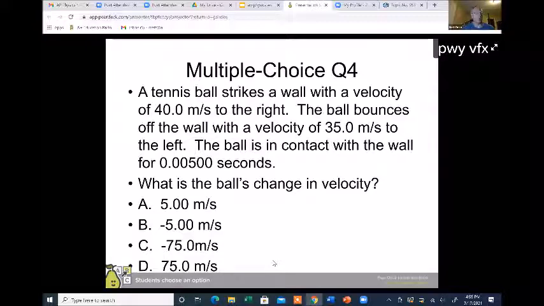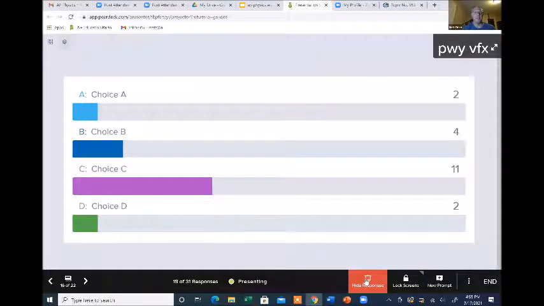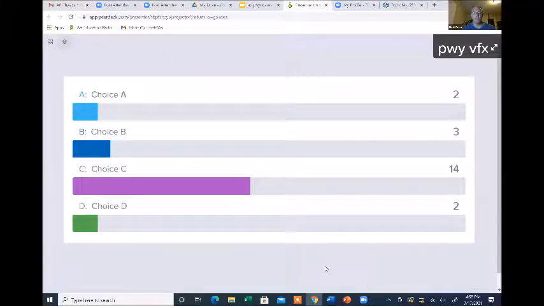And notice here it's only asking for the change in velocity. I'm going to go ahead and take a look at the responses that are popular. So B and C seem to be our big ones.